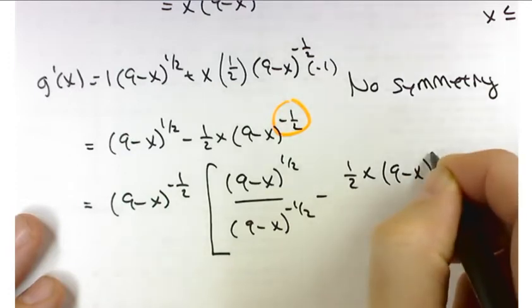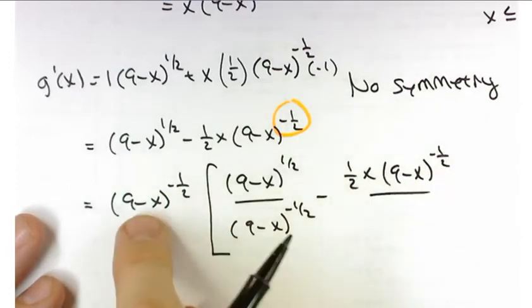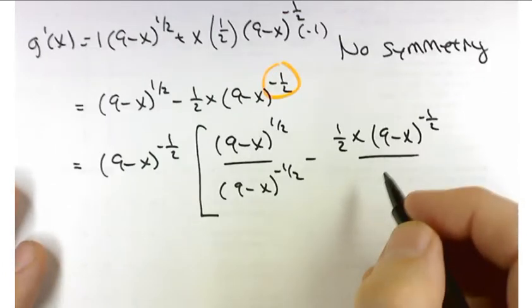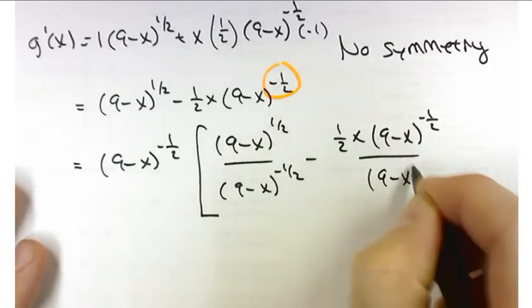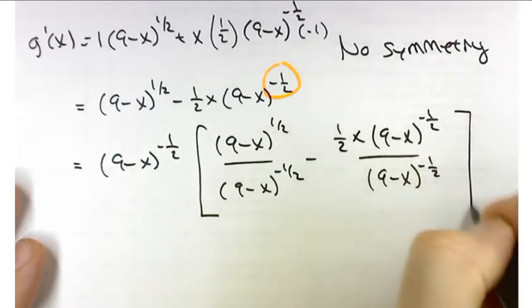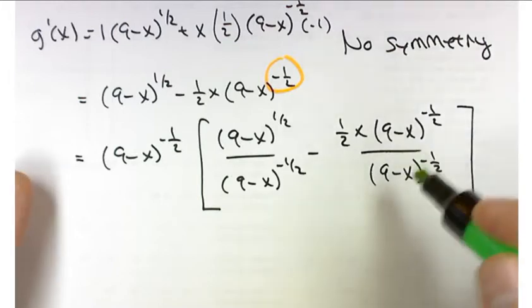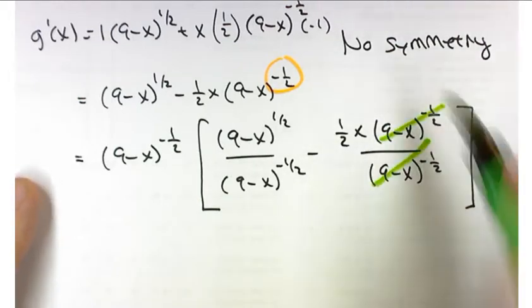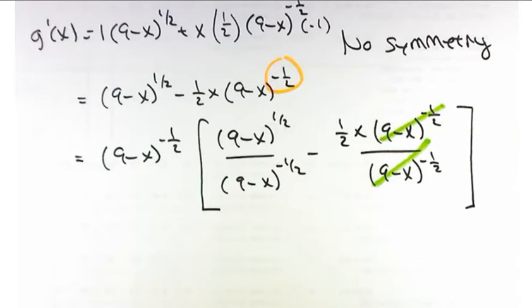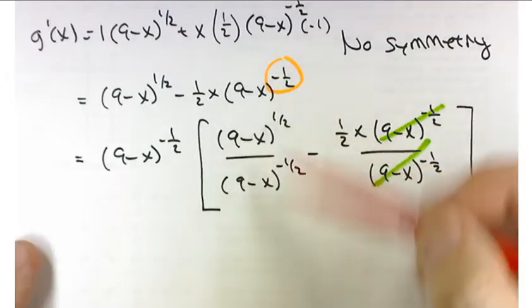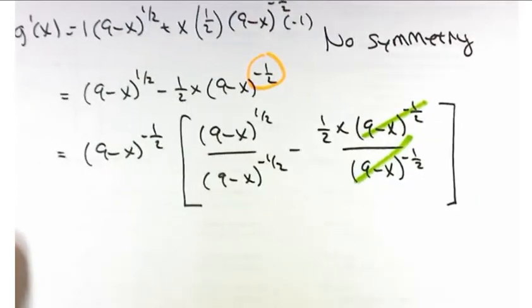Now in both parts of this, when I'm factoring this term out, I'm going to divide each of these terms by that factor. And that's going to lead to some nice simplification. Let's start with the simplification here. That (9 minus x) to the negative 1/2 term cancels out altogether. As far as the other part is concerned, again, I'm going to get some nice simplification.